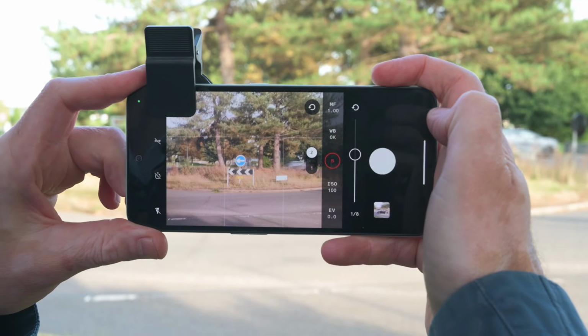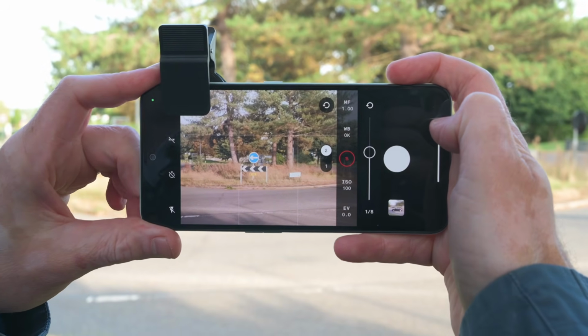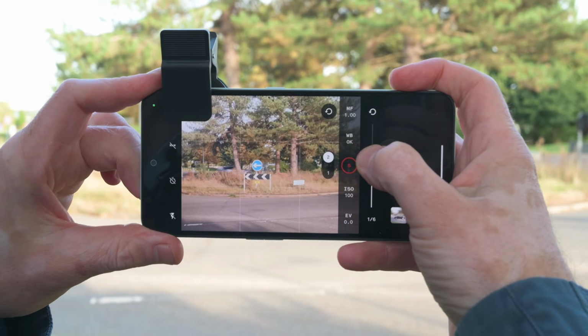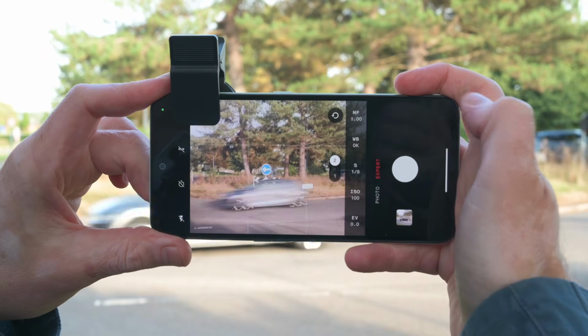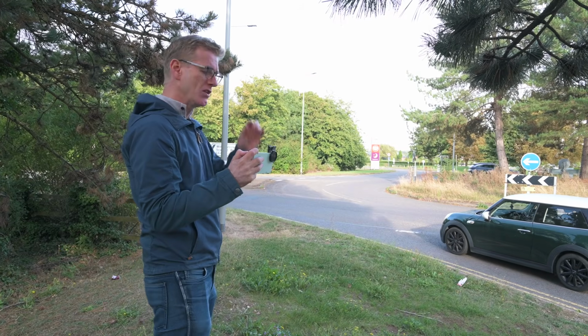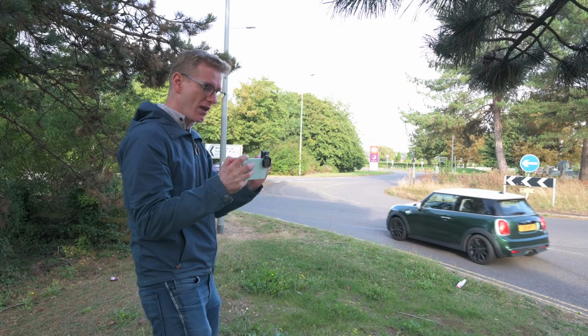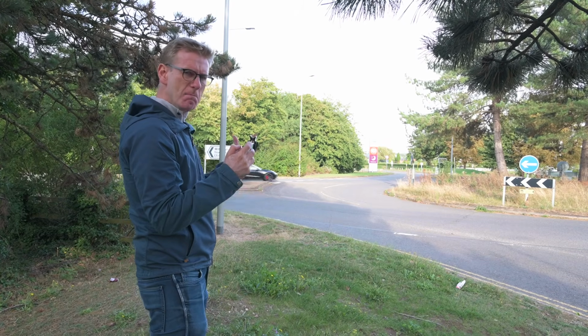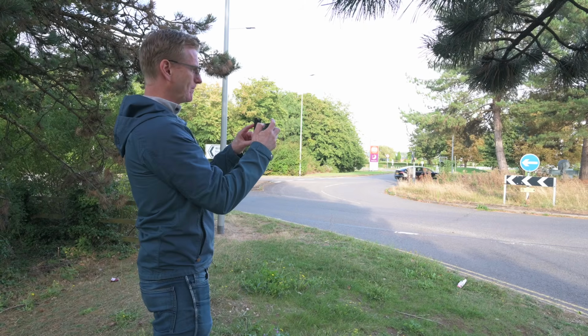I'm down here at 1/8 of a second, and well, without the neutral density filter on the front here, that shot would be horribly overexposed because there'd be so much light hitting the sensor. So with those two things together, I can get a shot that's going to be nicely exposed and introduce that movement that we want to get.